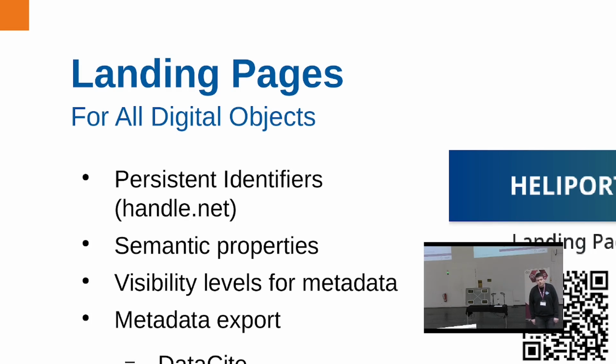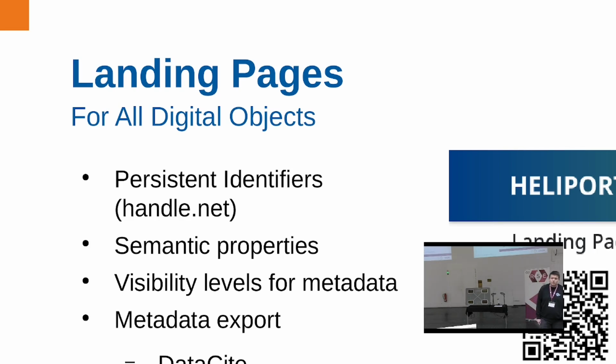Also, all of these resources that are linked are represented by digital objects, and they get landing pages with globally unique persistent identifiers. In our case, we use handle.net. And these landing pages show some semantic properties. For example, in this case, you can see that it is an archival document, which is represented here.